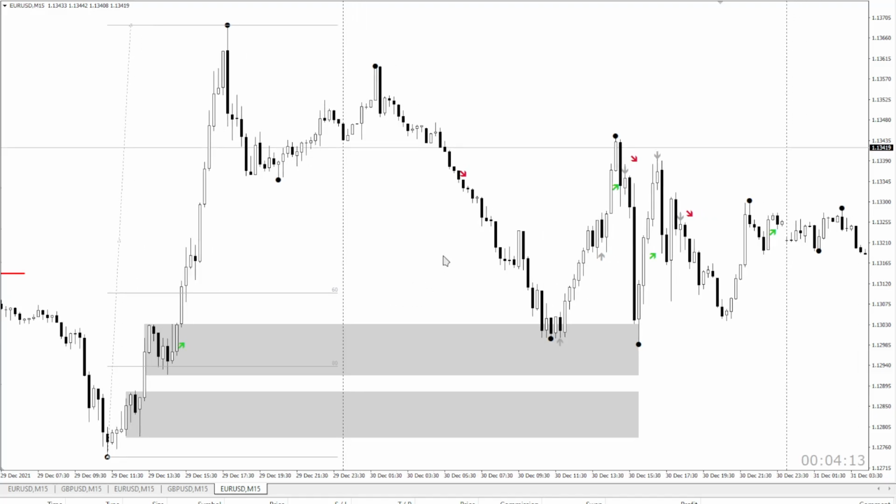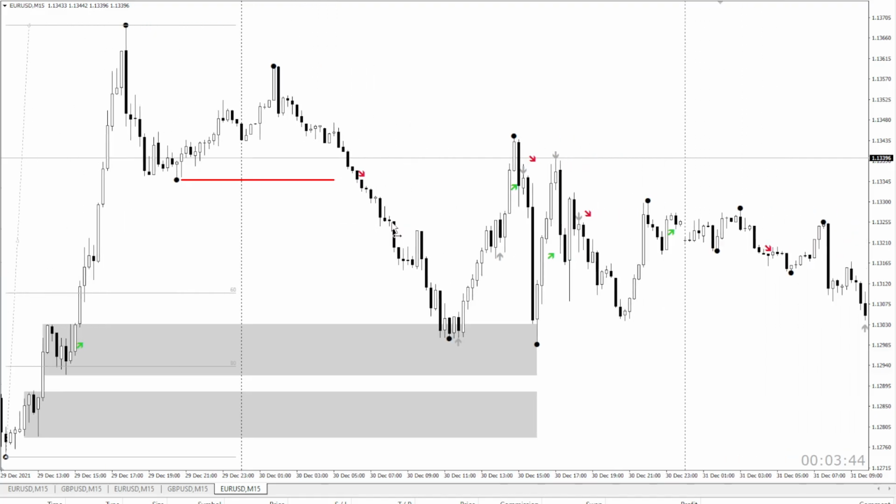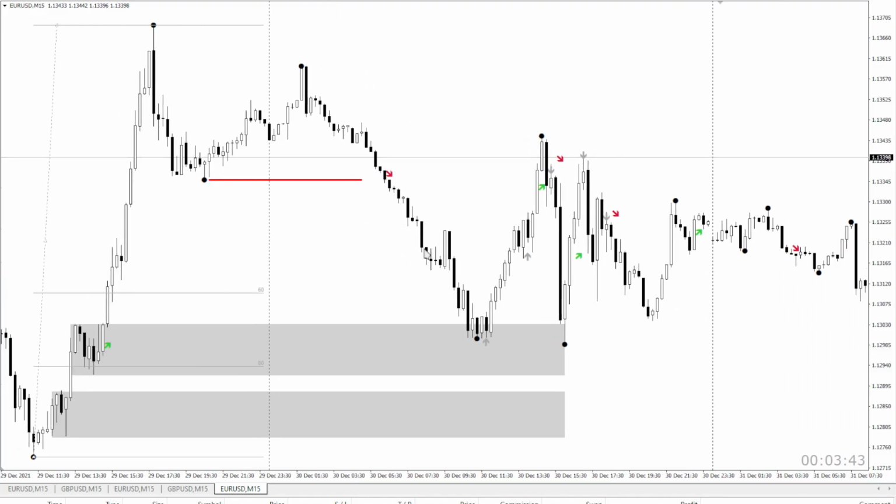So then we are looking for the next indication that there might be a market structure shift, which we had here. Now, did this break a black dot? Yes, it did. It broke this one. So we have a look for order blocks in this down move, which are above the break.